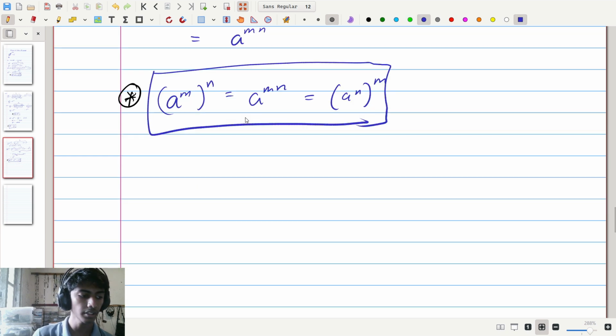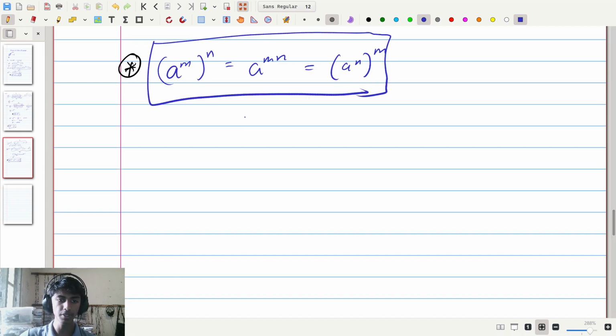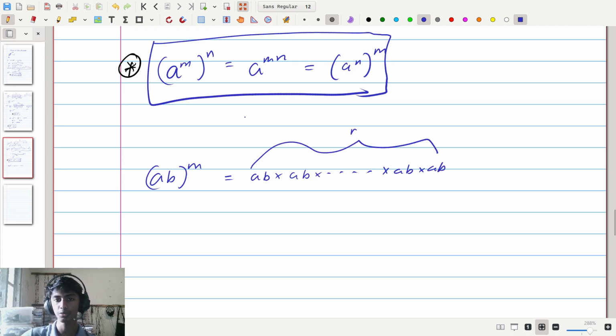Furthermore, another thing that's important to us is what a times b to the power of m is. A times b to the power of m is essentially multiplying ab by itself, dot dot dot, ab times ab, by itself m number of times.